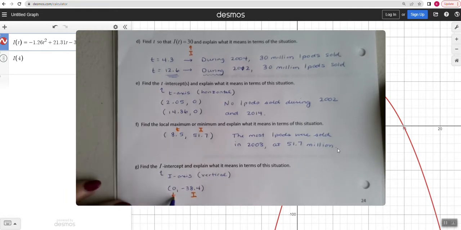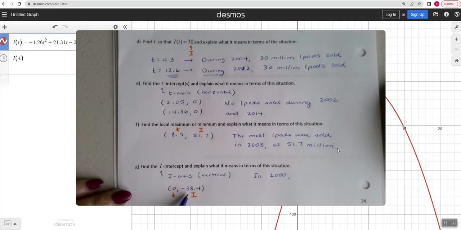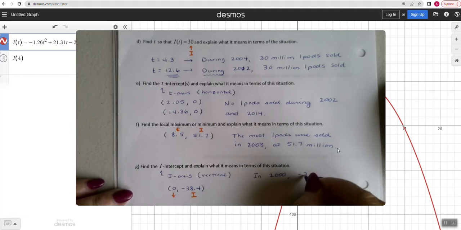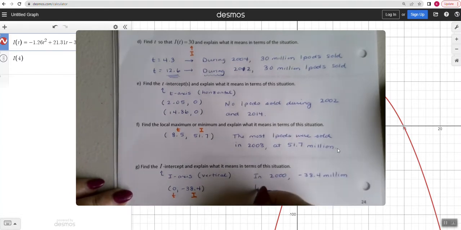So t equals 0, that's right at the beginning in the year 2000. This indicates a negative number of sales. Now again, that sounds a little weird, and we'll talk about that in just a moment, but what the point technically tells me is negative 38.4 million iPods were sold.